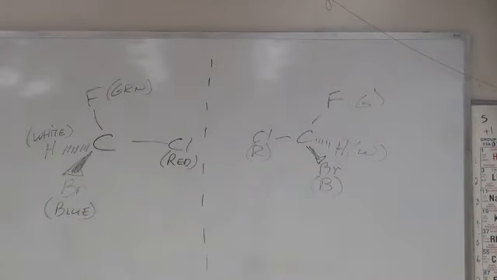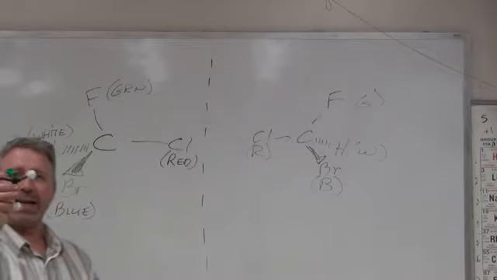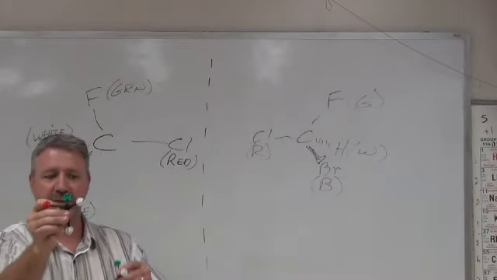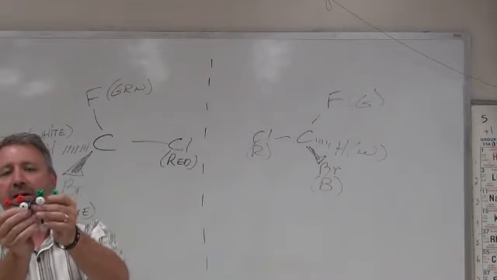Now, no matter what you do, if you had a situation where you had an atom that did not have 4 different groups on it, then they are the same.